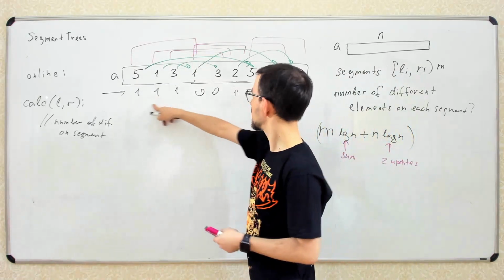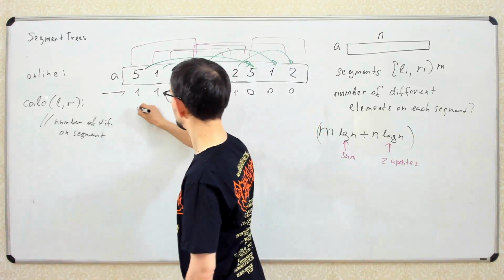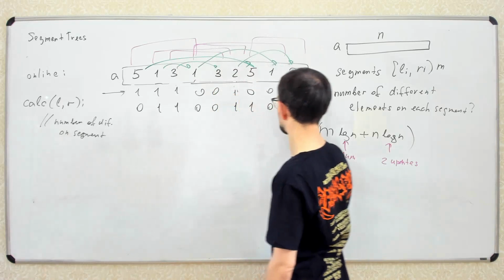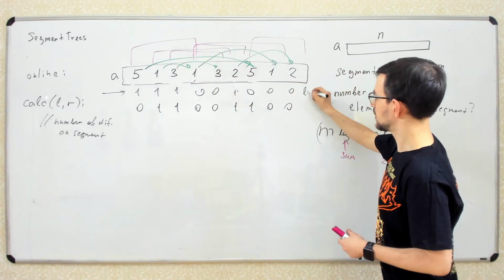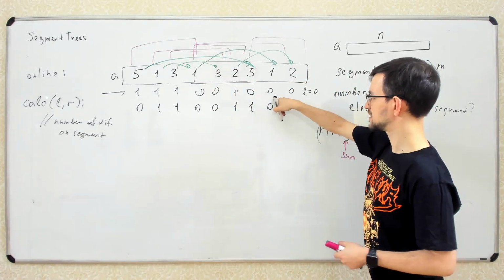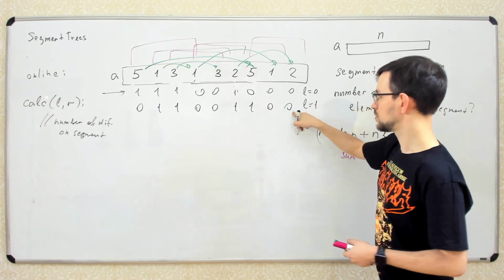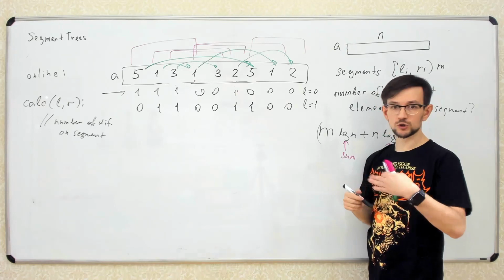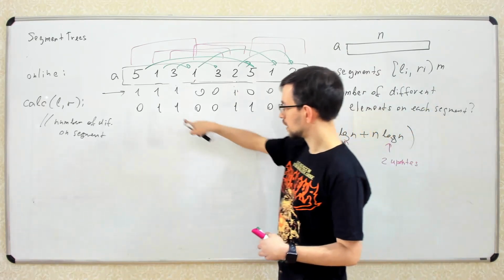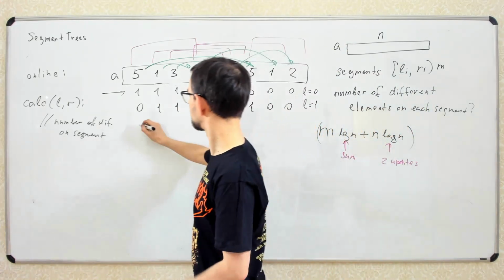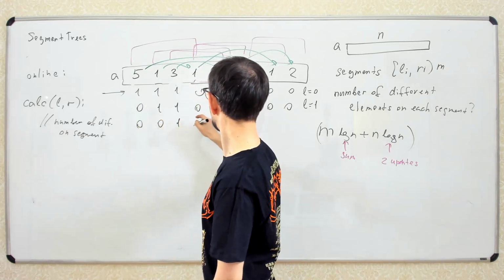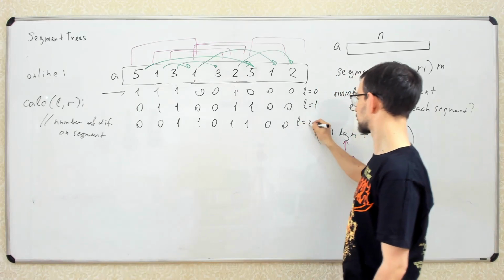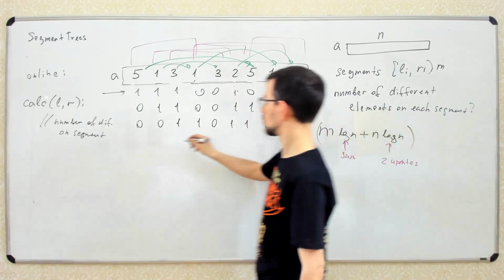Then we remove this 5, add this 5, so we have this segment tree. So if L equals 0, you need this segment tree. If L equals 1, you need this segment tree, right? If L equals 2, you need to remove this element and add this element, and so on.